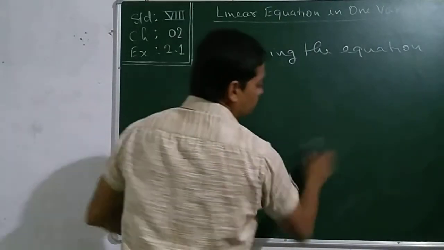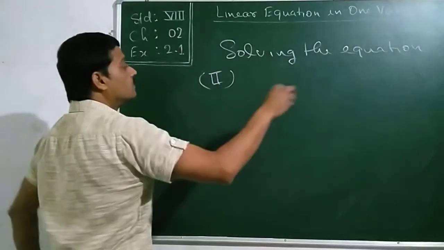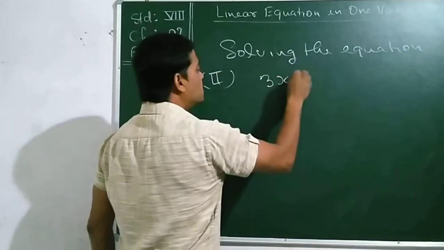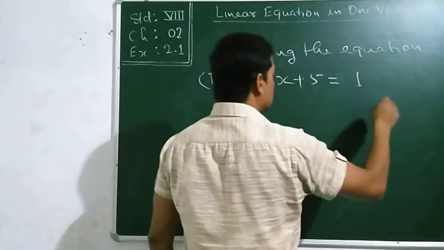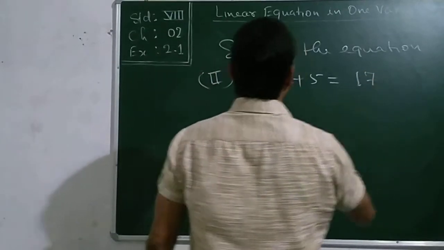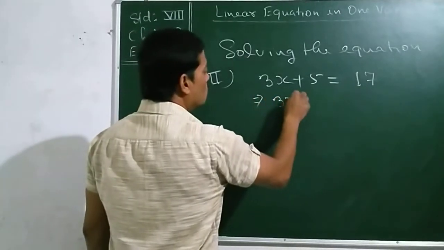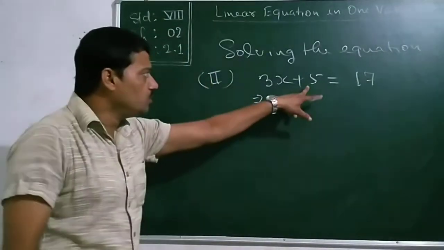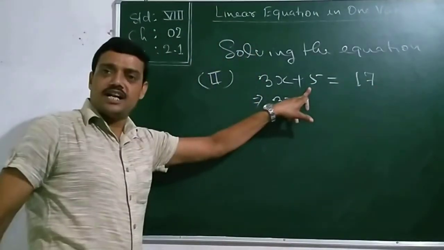See, 3x plus 5 equal to 17. In the next step, we used to transpose this 5 to the RHS.